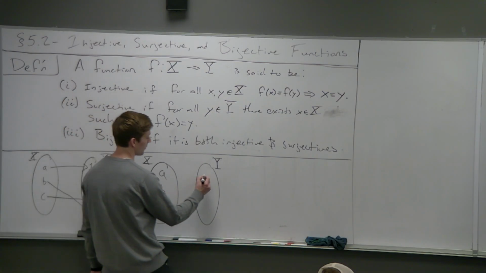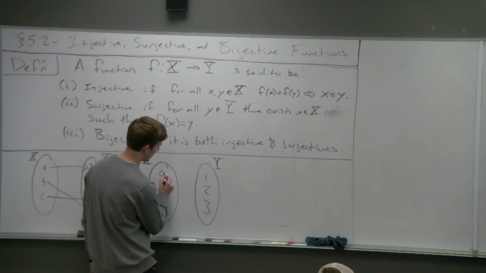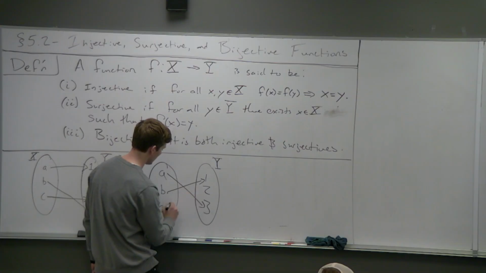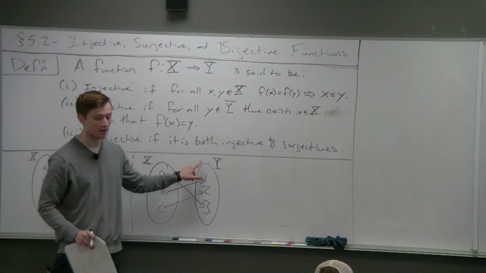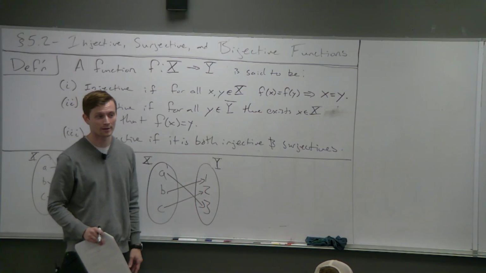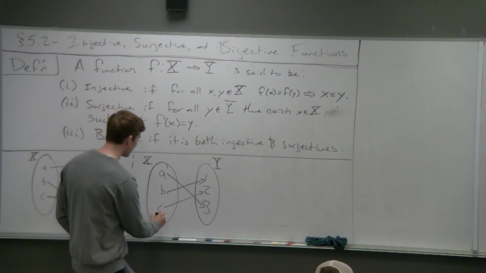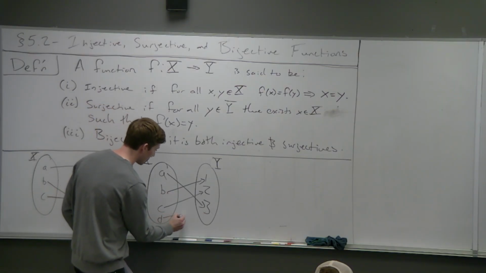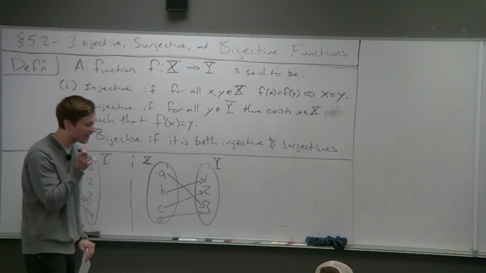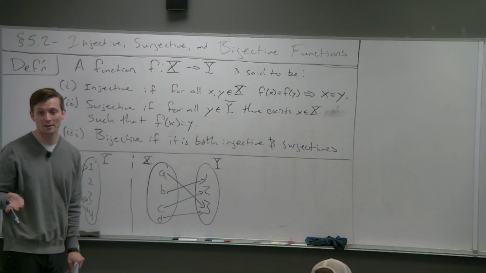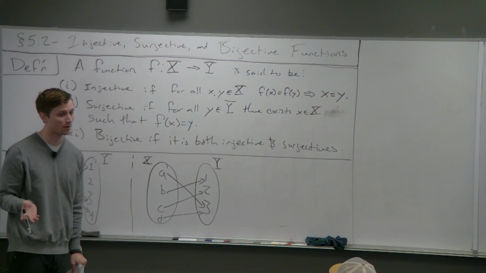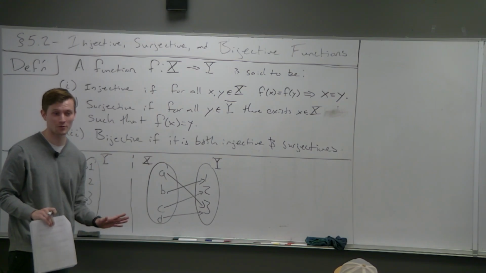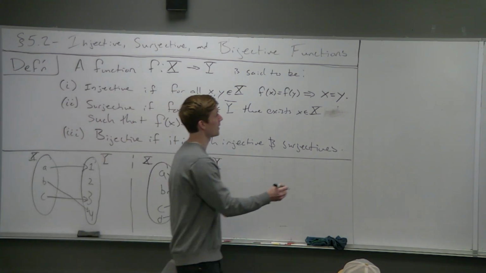Well, on the other hand, something like this, definitely surjective because everything over here has an arrow pointing at it. Okay. And indeed, if I threw a D in there and I pointed that one at 3, still surjective. Everything has at least one arrow pointing at it. It could have more than one. Surjective means at least one. So here's the idea.